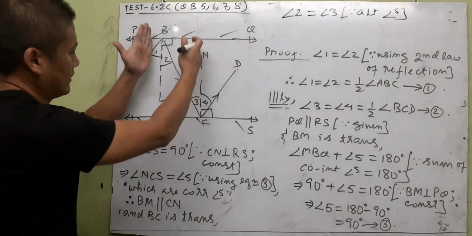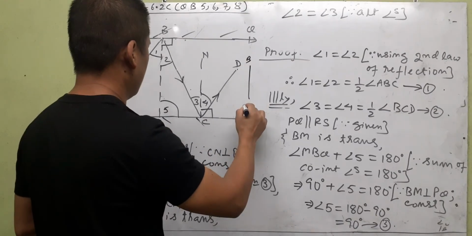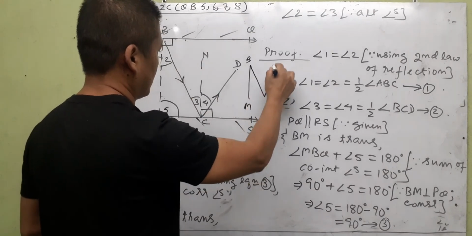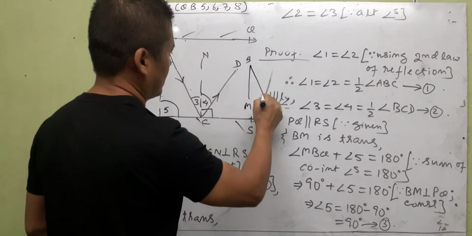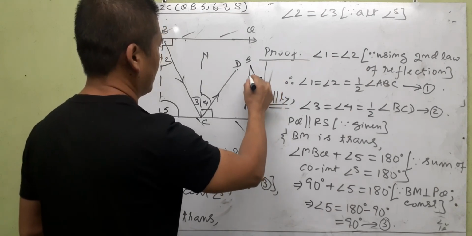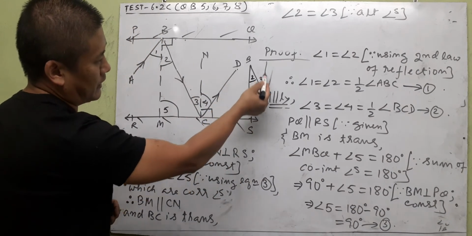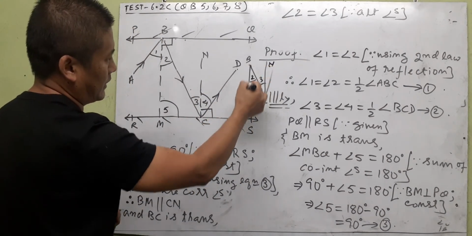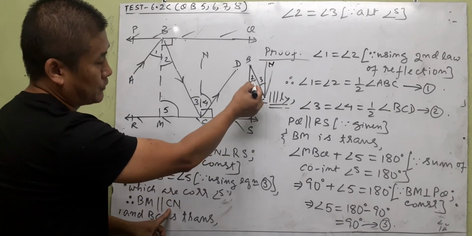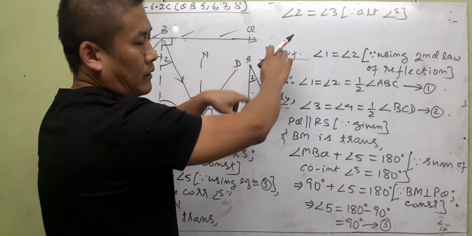See here, these lines B, M and CN are cut by this transversal BC. So BC here, and this one here 3, this one here 2, C. So BM and CN are parallel already, and BC is transversal. Then these two inside, below, inside, above, they are always alternate, right?